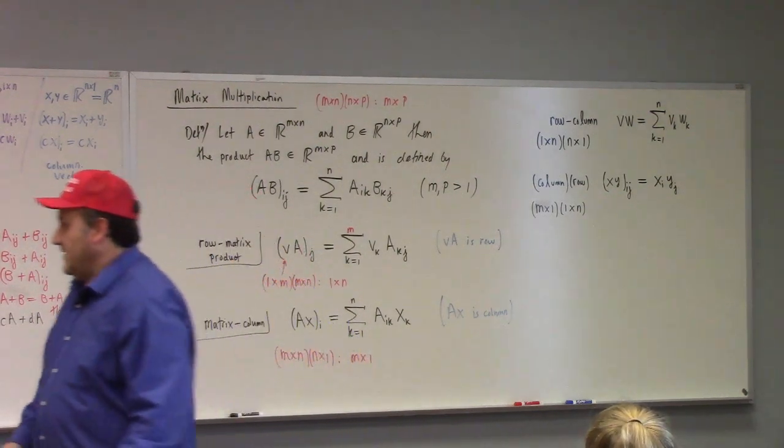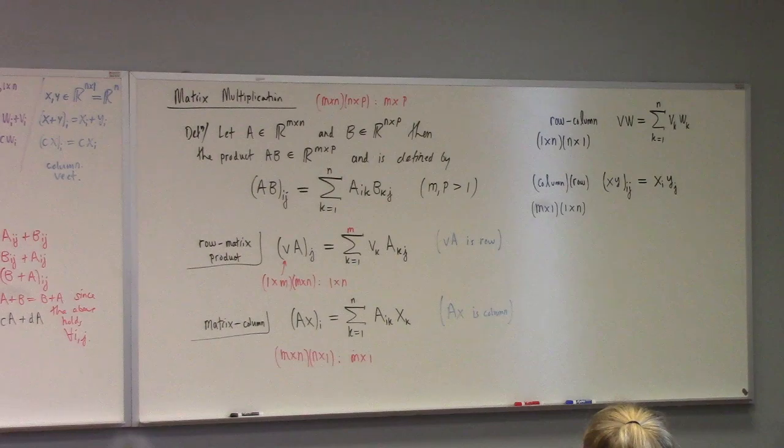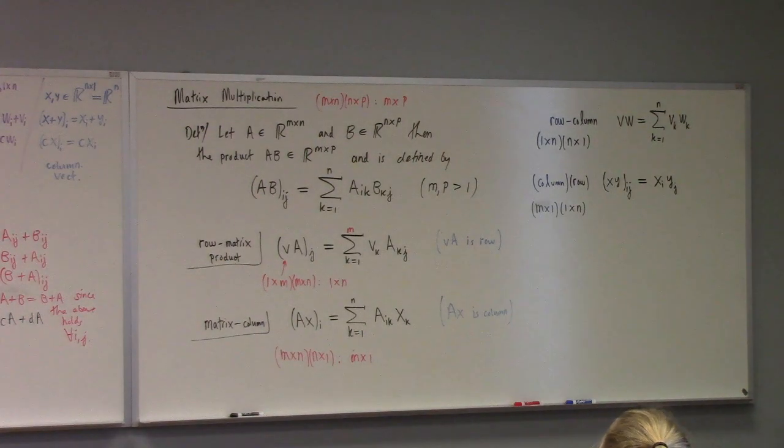So now I'm going to spend the rest of class probably just illustrating by example how we actually multiply matrices. I'll probably just start with some of those exceptional cases.